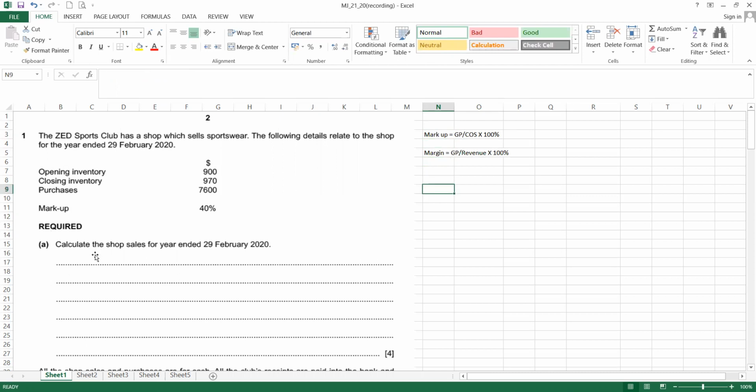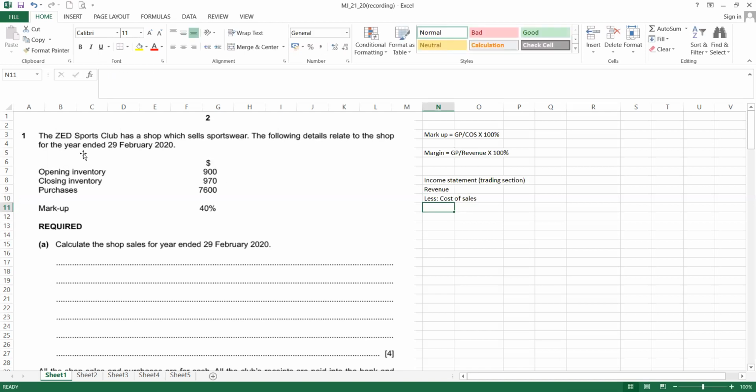Now, calculate the shop sales for the year ended. So this one, they want us to find the revenue. Using the basic income statement, the trading section. Trading section means just revenue less the cost of sales.